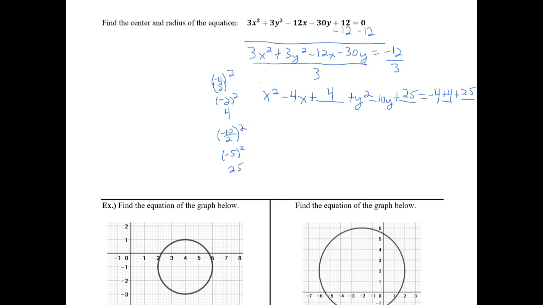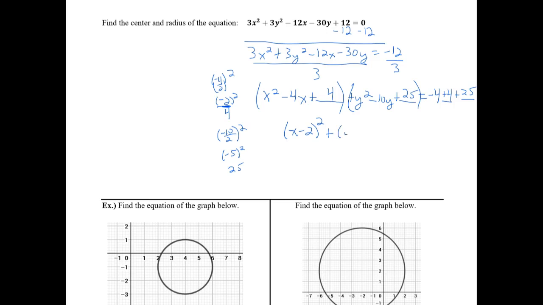Then we factor, grouping the x's. X squared minus 4x plus 4 should factor into x minus 2 squared, right? This term here before we square it was negative 2. And we can check it. Negative 2 times negative 2 is positive 4. Negative 2 plus negative 2 is negative 4. Then we factor our y terms.